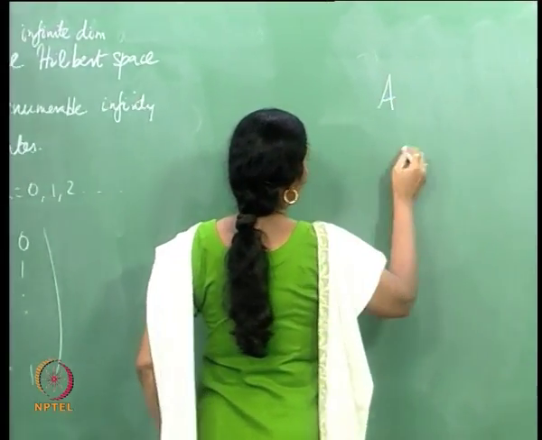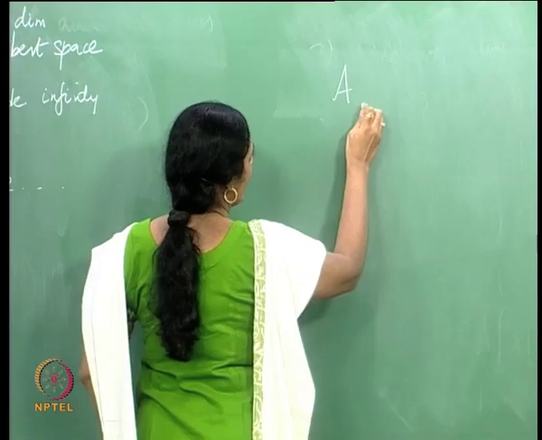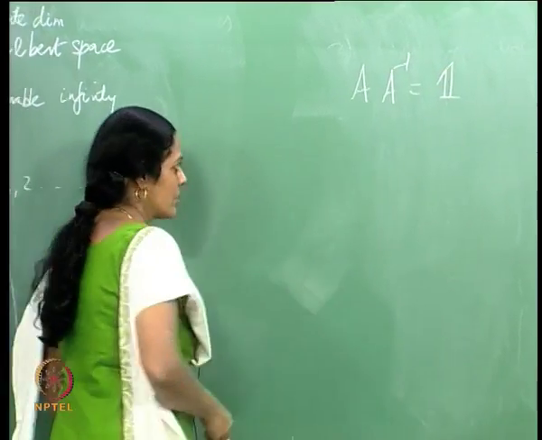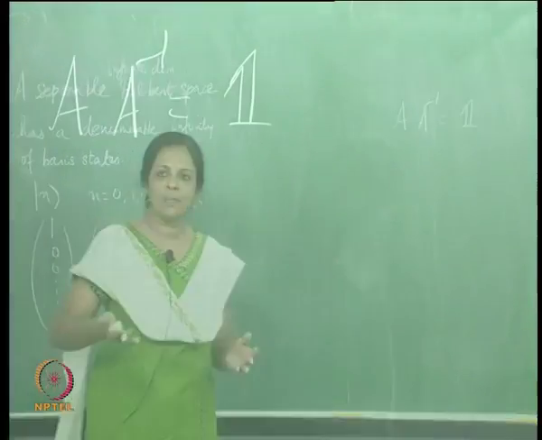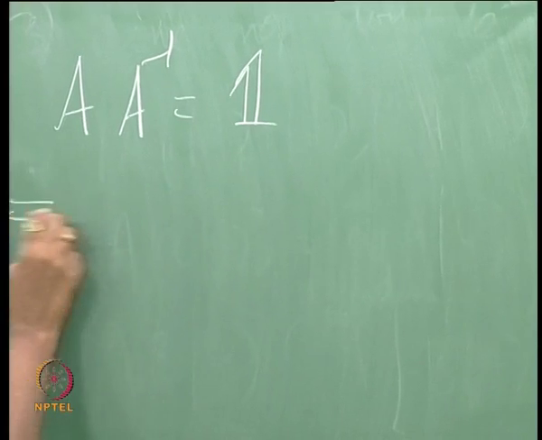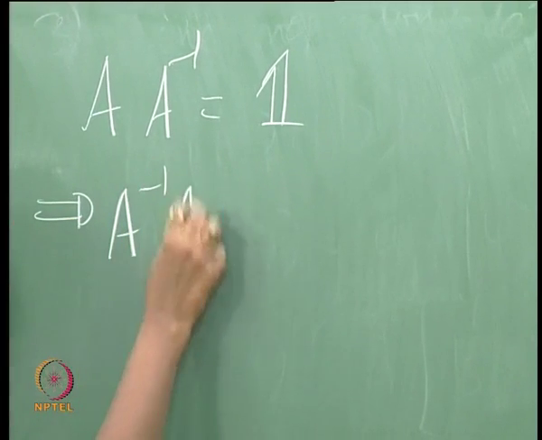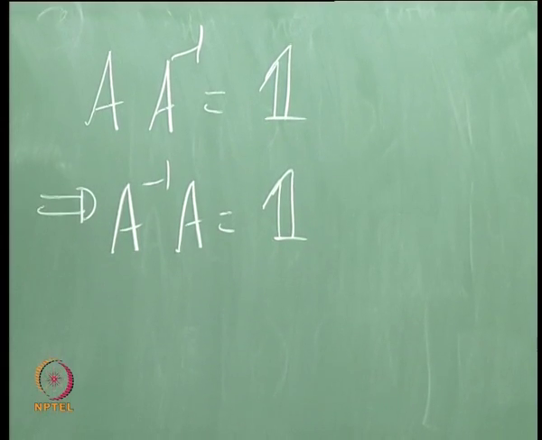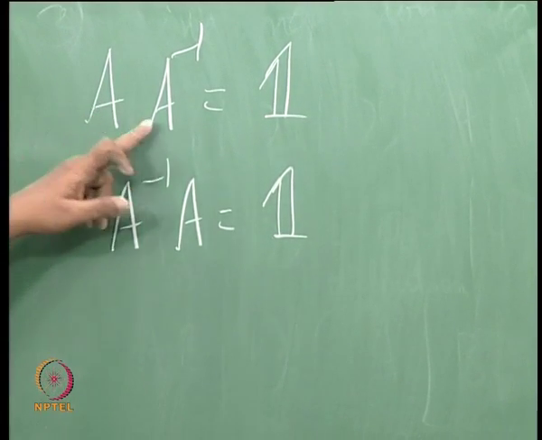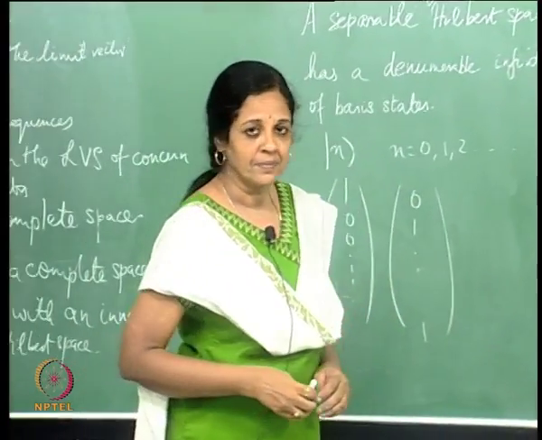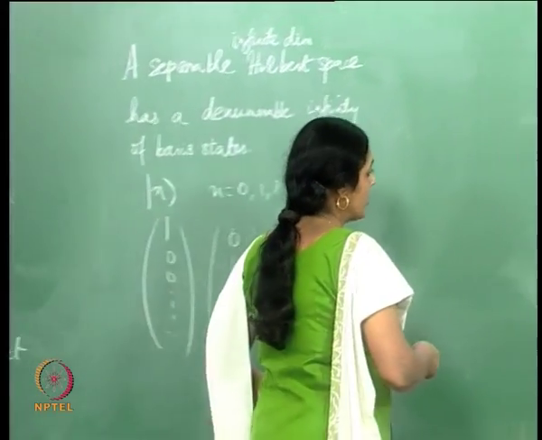In a finite dimensional vector space, consider operator A, and suppose we find an A inverse by some standard procedure such that A A inverse is the identity operator. I do not have to check that A inverse A is the identity. It follows that if A A inverse is identity, A inverse A is also identity. Cannot make that statement in infinite dimensions.